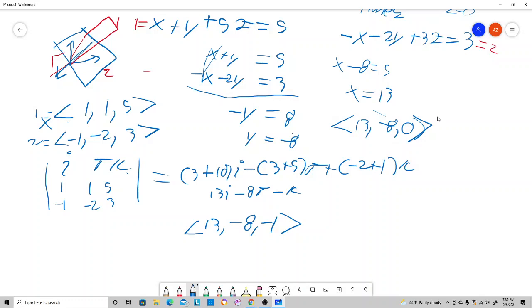Because this is the slope of it, we can multiply by t, where t is just the variable, plus a point in the plane that is on the intersection. So it's t times this, plus 13, -8, and then 0, equal to x, y, z.